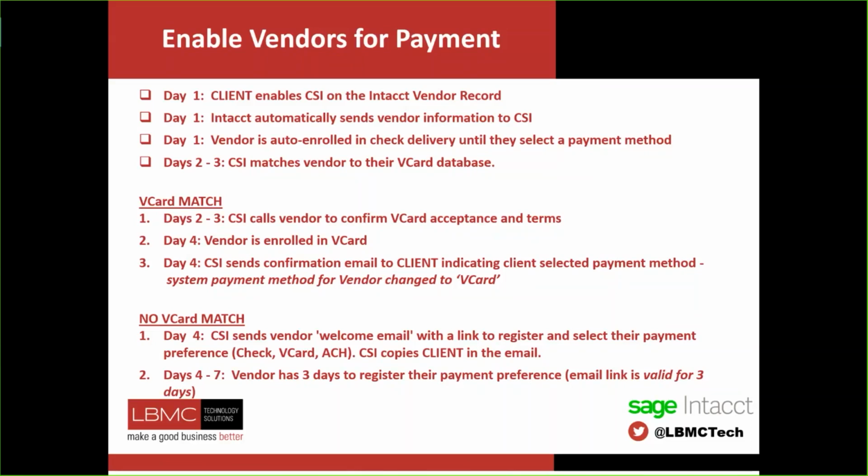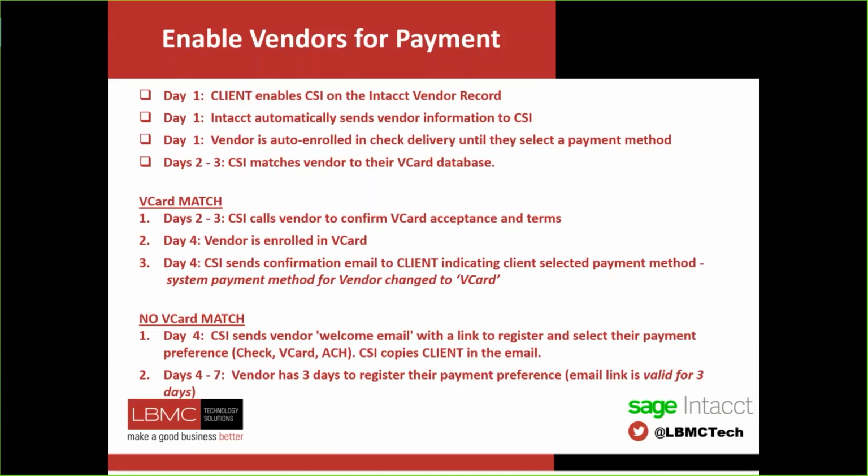And then CSI will send a confirmation email to you indicating that your vendor selected the V card payment method, and the system payment method for that vendor will get changed to V card in Intacct.